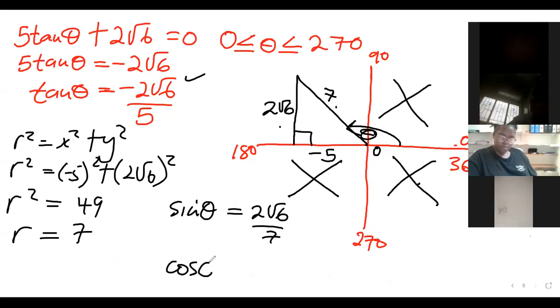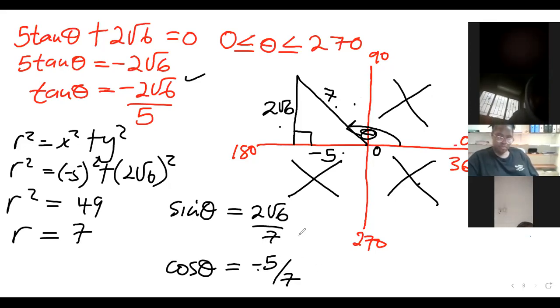Cos theta, remember this is without the use of a calculator. Cos theta is adjacent over hypotenuse: minus 5 over 7. We're done with that part.